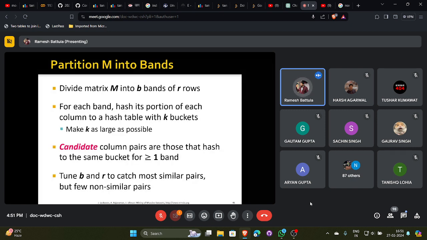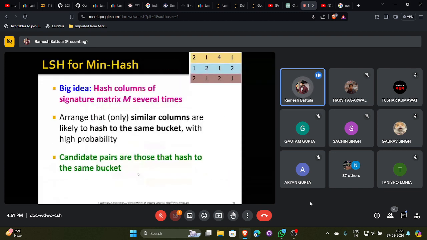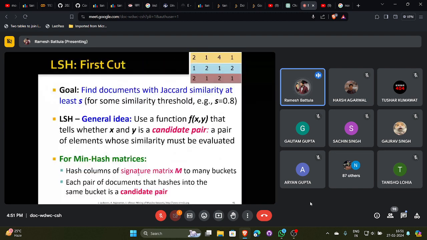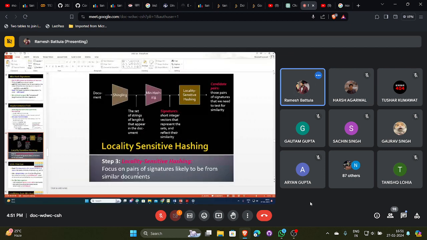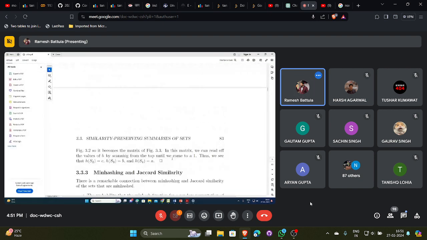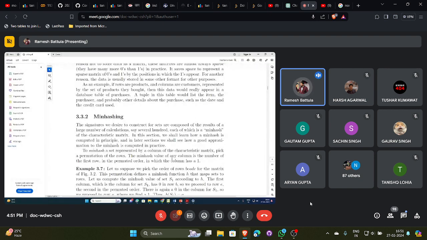So first of all, I would like to complete here, and I need to come back. For tomorrow, I will give one example of min hash, and tomorrow we are targeting to discuss locality sensitive hashing. So before that, here you need to observe a simple example for min hashing.